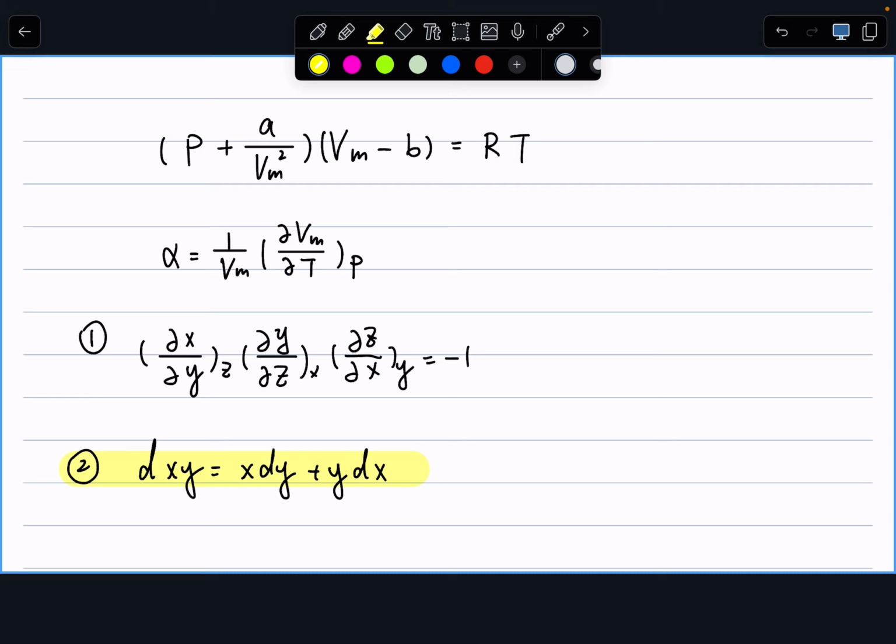And then we have this dx term here, which is negative 2a over Vm cubed, and this entire thing times dVm. And on the right-hand side, it's just R. So now, obviously, we got our dVm over dt. That's what we want in this equation.